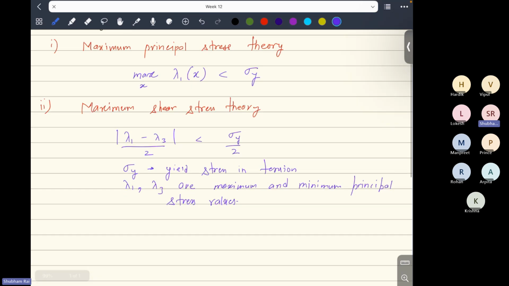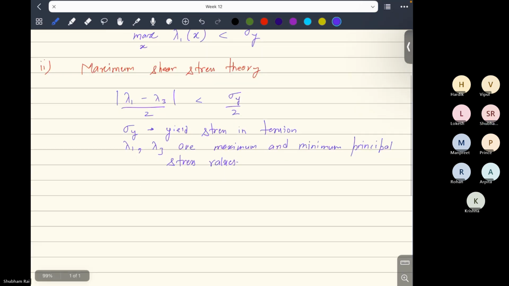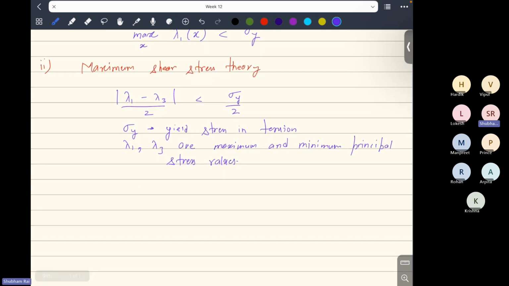Now let's say you do not do a tensile test, but rather a pure torsion test. Then you will directly get the shear stress at which the material will fail.